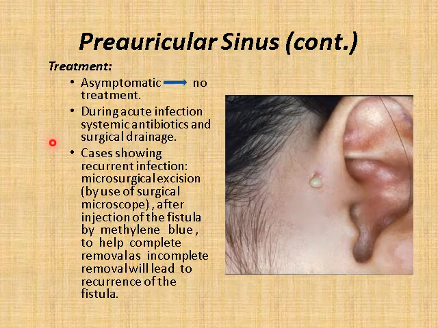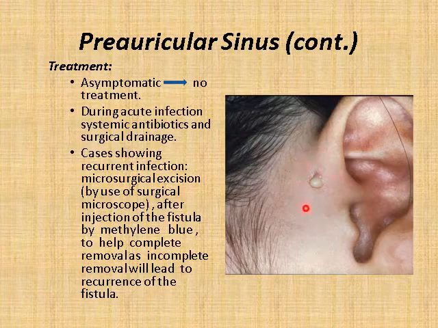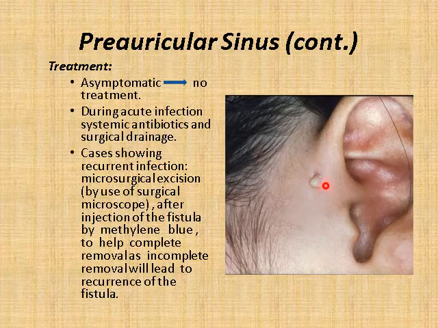Treatment of preauricular sinus. If it's asymptomatic, then no treatment is needed. During infection, the patient will be prescribed antibiotics and surgical drainage is needed. As you can see here, this photo is showing the infected preauricular sinus with the purulent discharge. If the infection is recurrent, then excision will be required, a microsurgical excision.